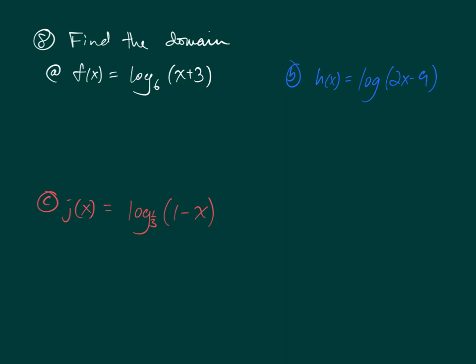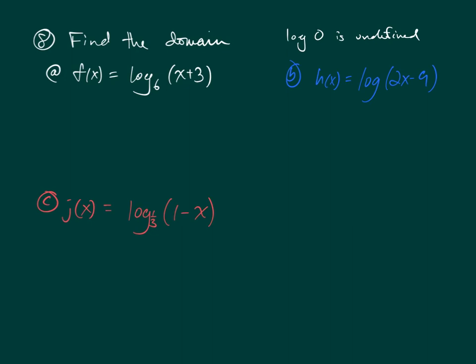On this slide, we're going to talk about finding the domain of logarithmic functions. And you may recall that just on the last slide, I said we cannot find the log of 0. And that's because we know that the log can only have positive arguments.